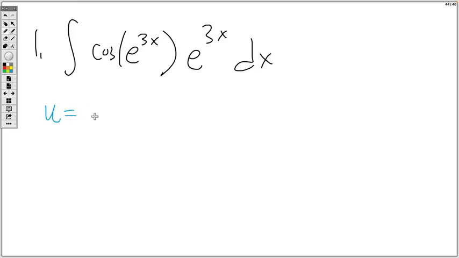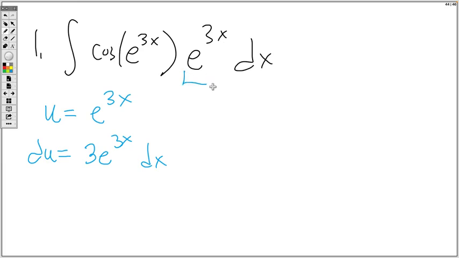We're going to let u be what's in parentheses. And so then we calculate the du. What's the derivative of e to the 3x? 3e to the 3x dx. Do I have a 3e to the 3x dx?